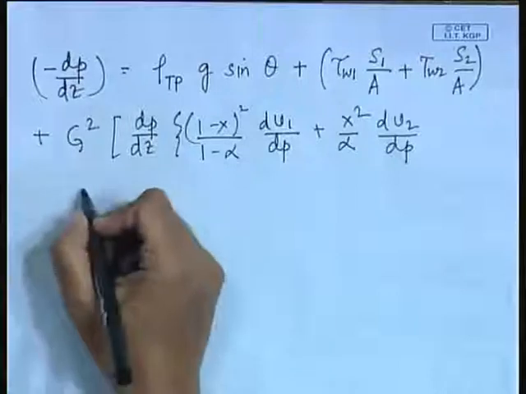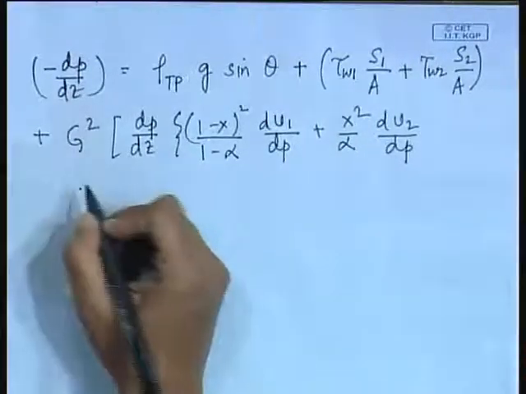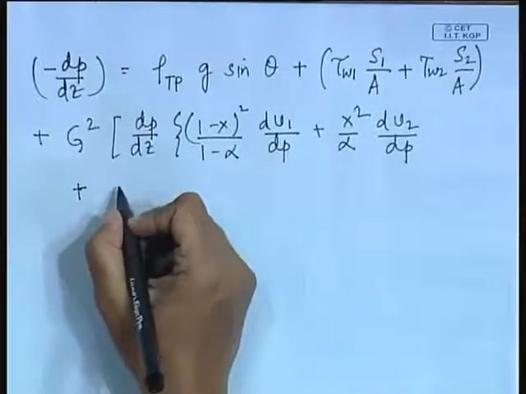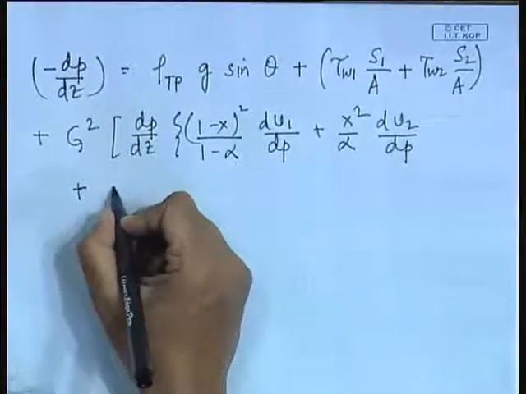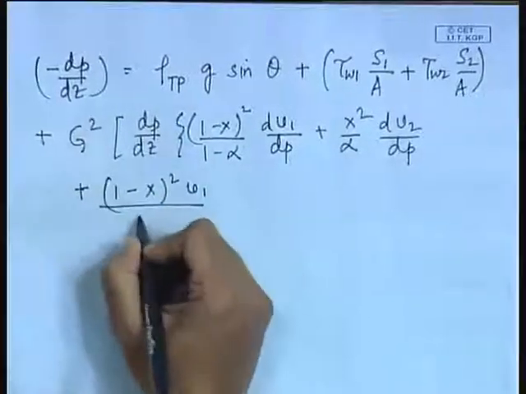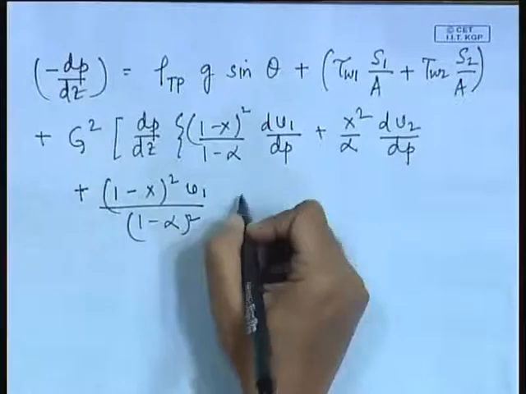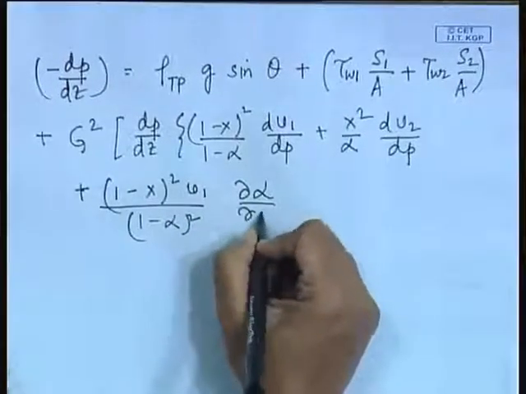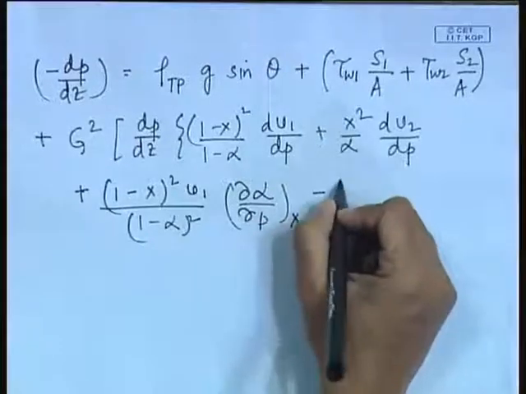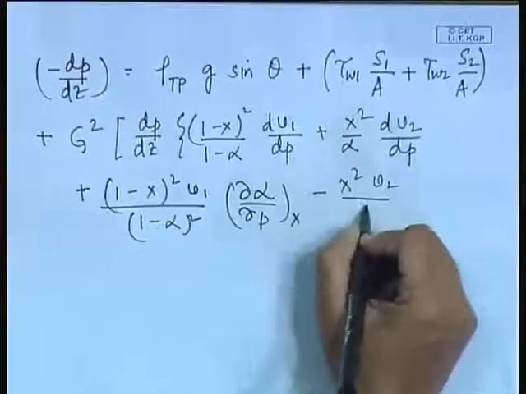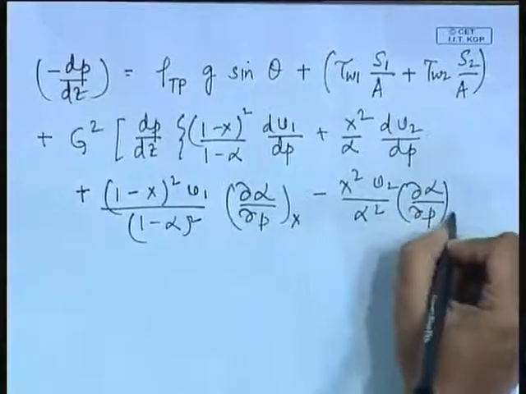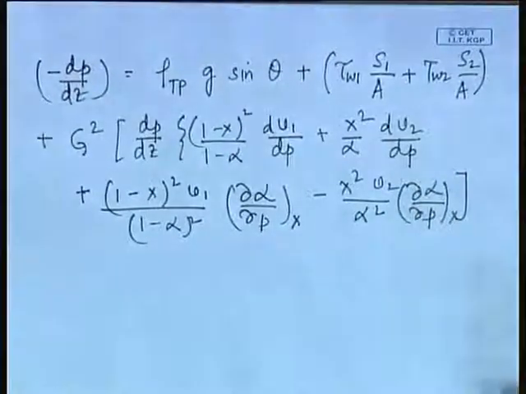and there is one more term which is associated with plus 1 minus x square v1 by 1 minus alpha square del alpha del p at constant x minus x square v2 by alpha square del alpha del p at constant x.